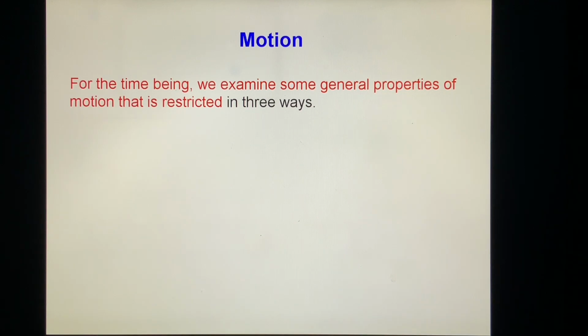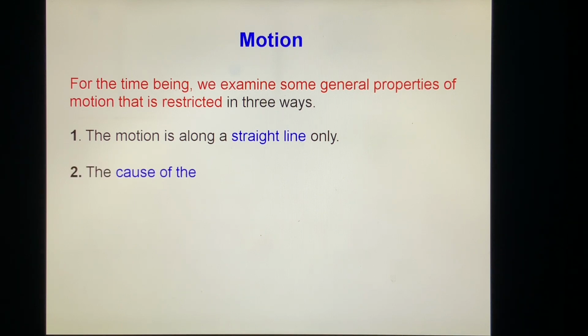Motion. For the time being, we examine some general properties of motion that is restricted in three ways. 1. The motion is along a straight line only. That is one-dimensional. 2. The cause of a motion will not be specified until later.